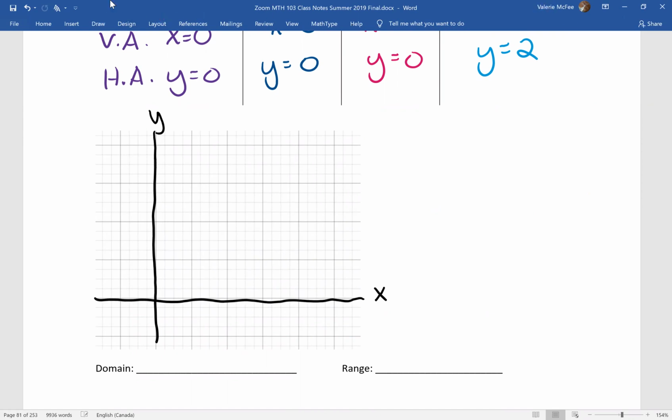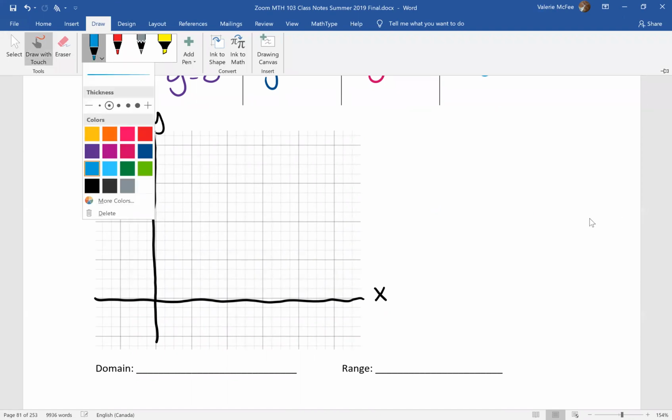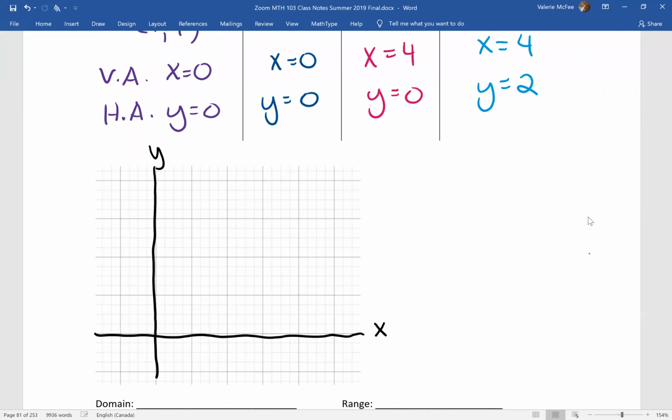So let's put those asymptotes in first. I always think that's the best place to start. So we had an asymptote at x equals 4. We use a broken line for that. You label it. We have an asymptote at y equals 2. Make sure you label it.